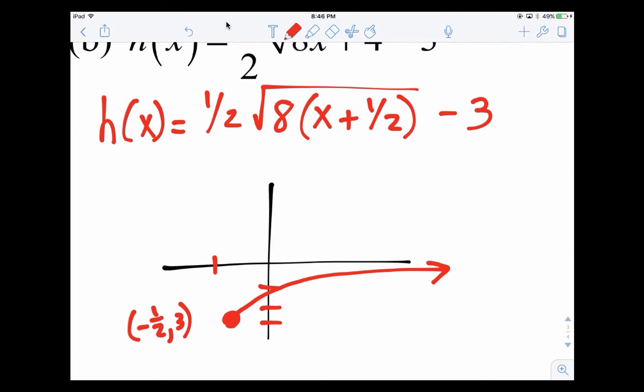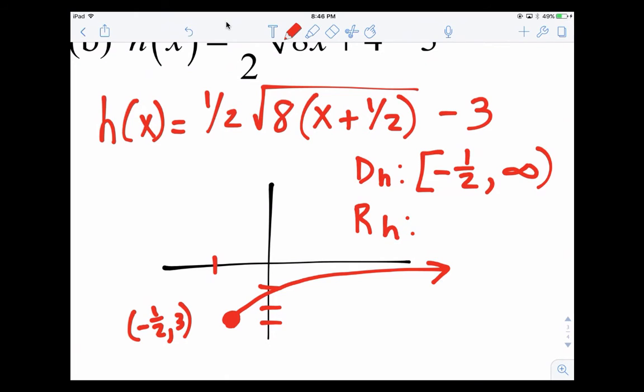Okay? So your domain here, it's a square root function, right? All the x values are defined to the right of negative 1/2. So it would be negative 1/2 to infinity, and then your range, that's h.